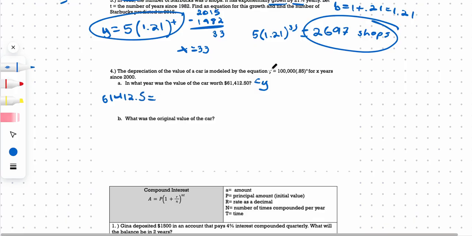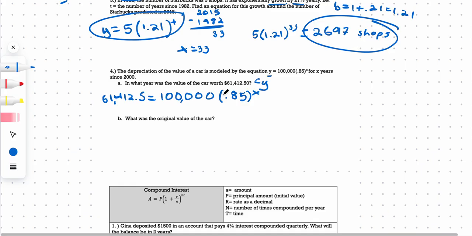So I'm just going to plug that in for this y up here and just say 100,000 times 0.85 to the x power, and we're just trying to solve for x. So let's first divide both sides by 100,000.